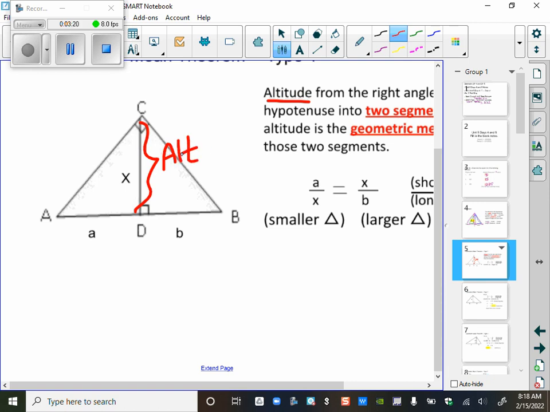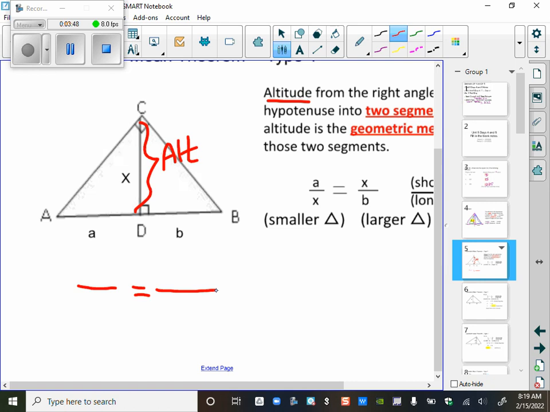So here's how I'm going to make your life easy. Rather than get confused with all this, I'm going to show you a slightly easier step. You're going to take your altitude. Well, actually, here's exactly how I want you to do it. First, set up your proportion table.